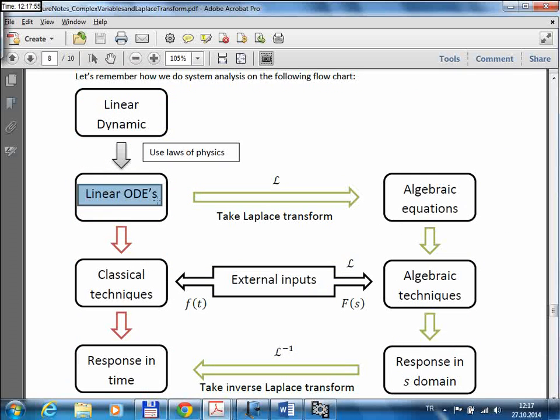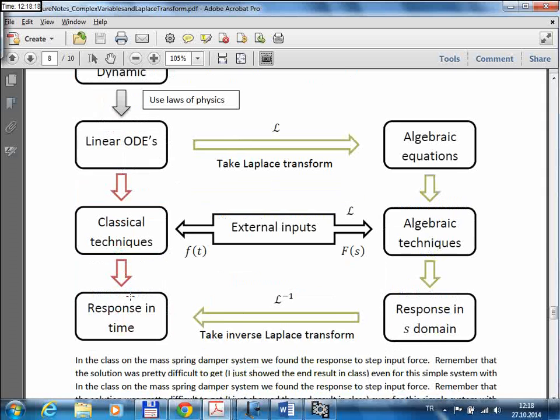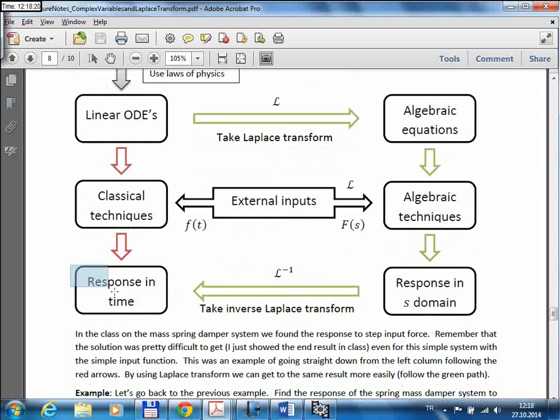Then, if you want to calculate the response or the output of a system to a given input, we need to take this input function and then solve these differential equations to calculate the output. Here we use the classical techniques for solving differential equations, and that gives the response in time domain.